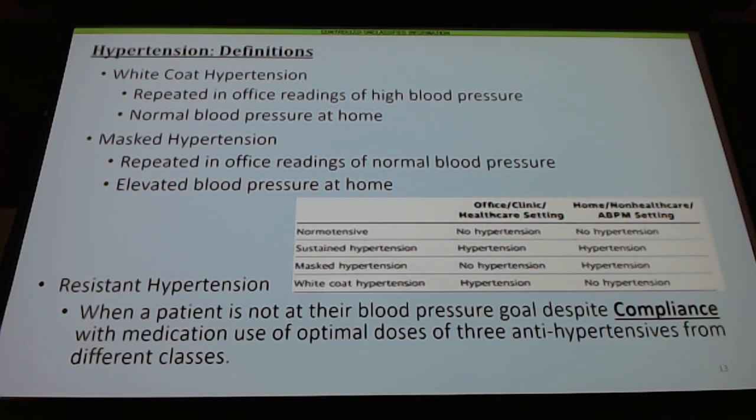Other things you may have heard is white coat hypertension. This is probably the most common thing you're going to hear in clinic when you approach a patient who has an elevated blood pressure. It's, oh, I just have white coat hypertension. So what does that really, truly mean? It basically means the blood pressure is only elevated when they're in the medical office. Kind of think of this as like an anxiety kind of thing.